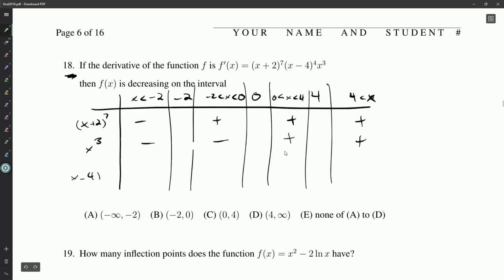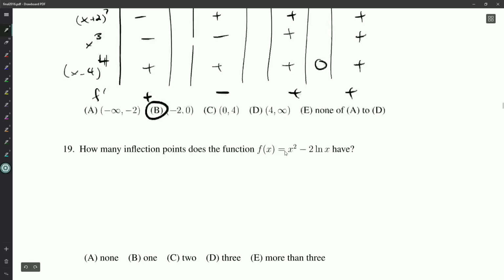And with x minus 4 to the 4, no matter what we plug in, except for this root, powers of 4, just like squares, are always non-negative. So negative times a negative times a positive is positive. So f prime here is positive, negative, positive, and positive. So just between negative 2 and 0. So our answer is going to be B.